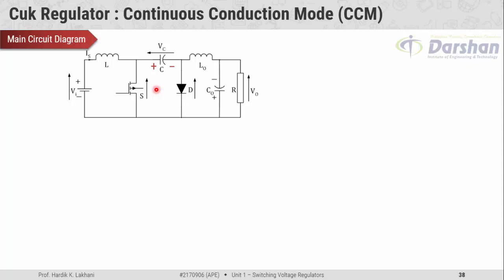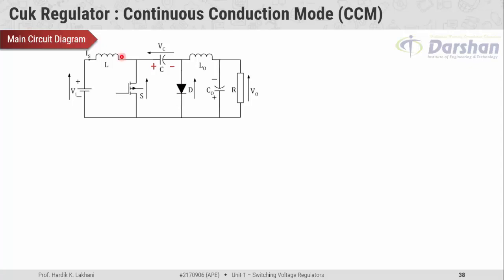As far as the circuit is concerned, if we compare Cuk regulator with previously discussed topologies, then Cuk regulator is complex. It has one controlled switch and one uncontrolled switch diode.